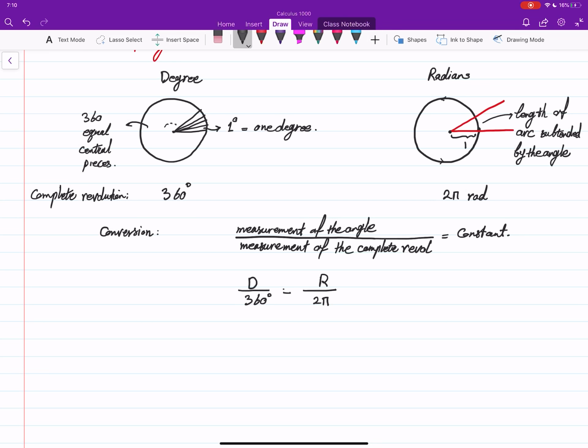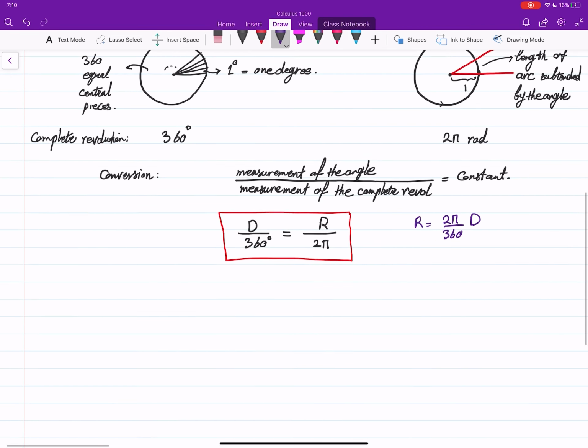So these two things are going to be equal. Well, this gives us the conversion formula, and you have to be able to use this. Sometimes you will see people using some versions of this. For example, your book writes that 1 radian is 2 pi over 360 degree. Well, that's how it is written.